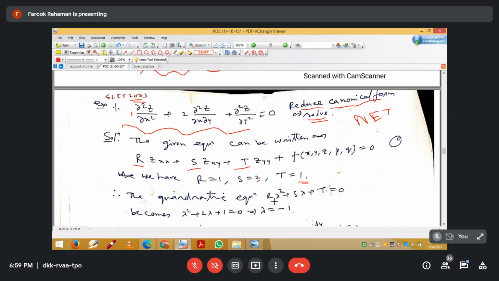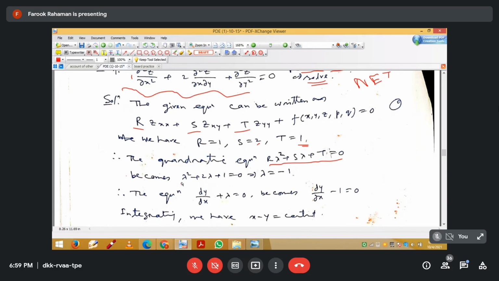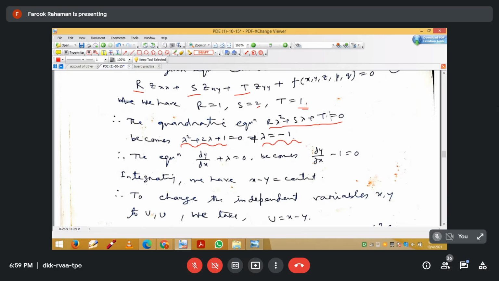From this one can construct the quadratic equation r lambda square plus s lambda plus t, that means lambda square plus 2 lambda plus 1. This quadratic equation has equal roots, so we have only one solution: lambda equal to minus 1.